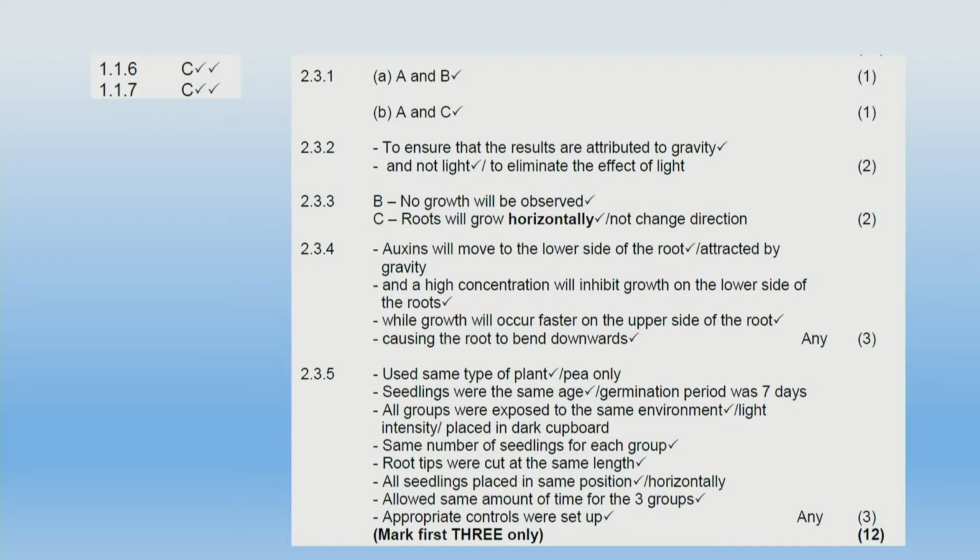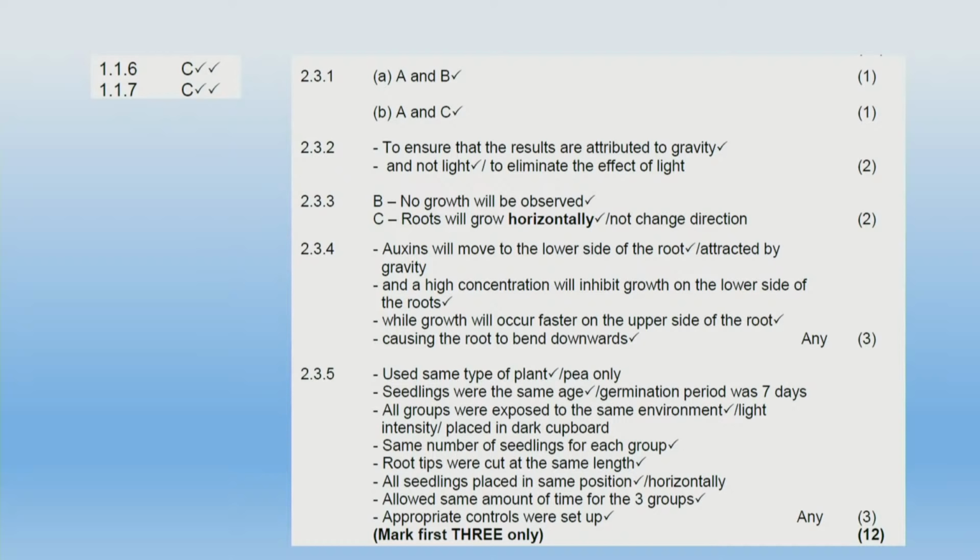And then which was, you remember that they were all placed in a dark cupboard. And then the same number of seedlings for each group. You still remember that we had 15 seedlings, and then after that, each and every group, the 3 groups, and then they had 5 seedlings for each.